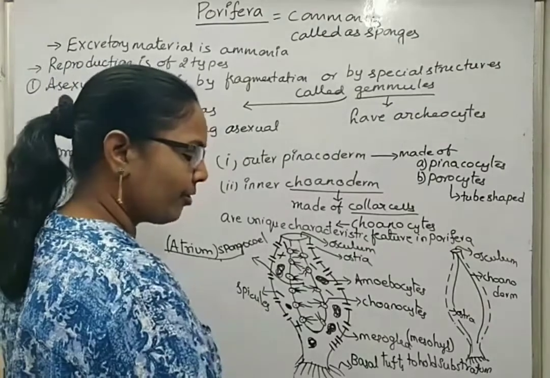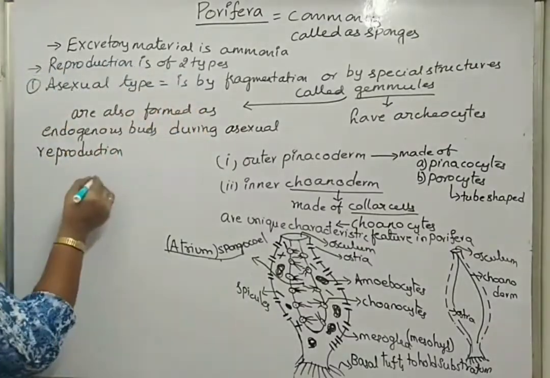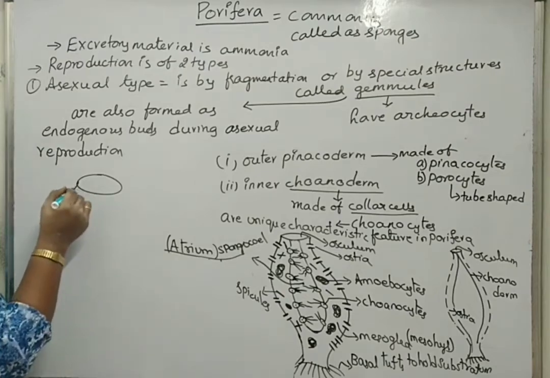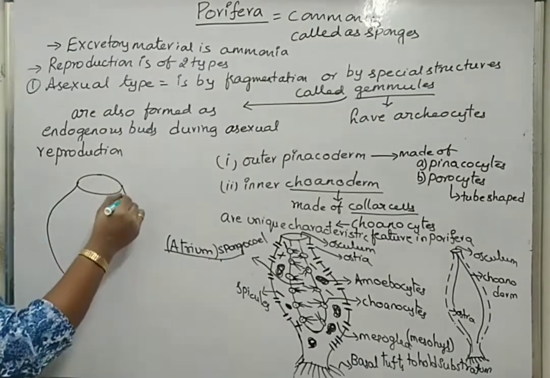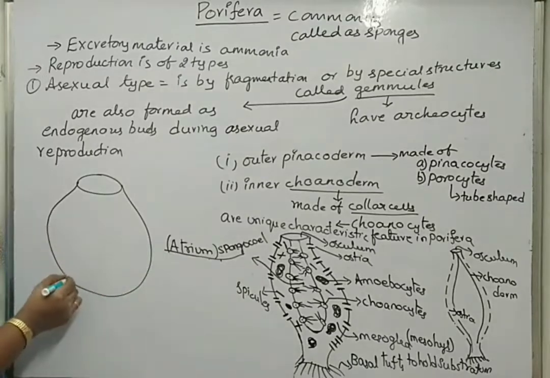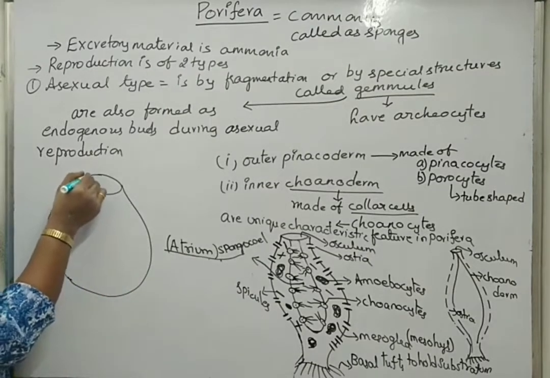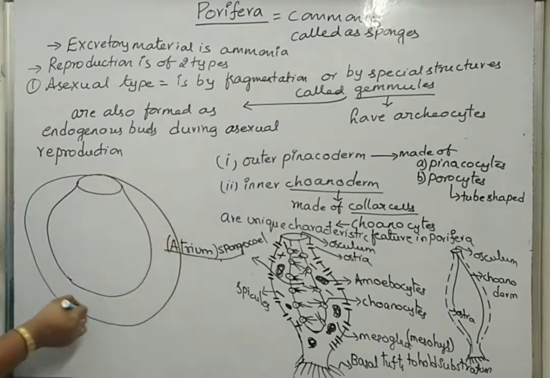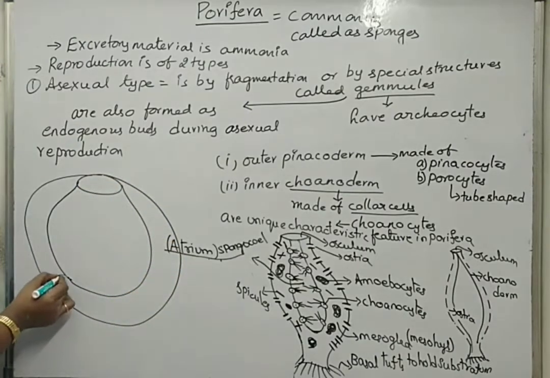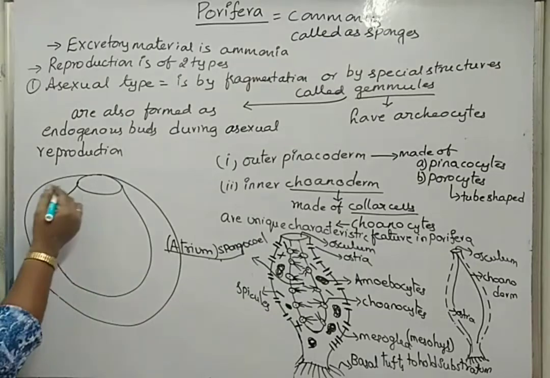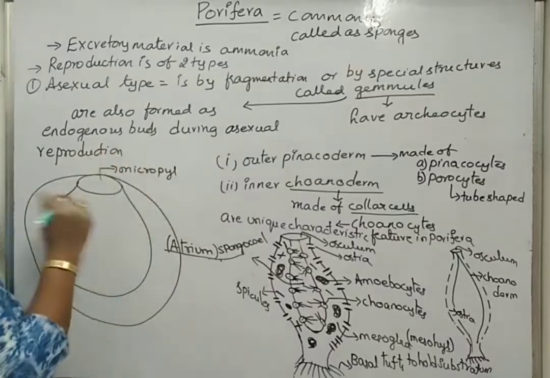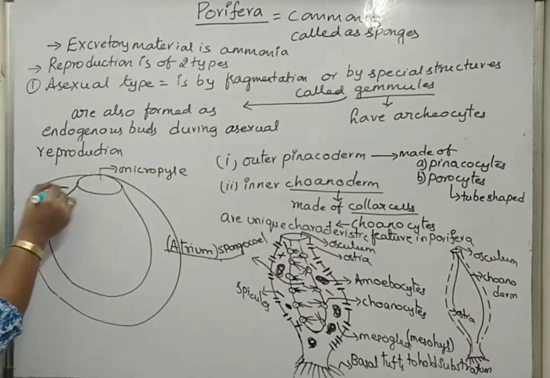If you see the structure of a gemmule, how does it look like? So this will be the opening called micropyle. And here will be the spicules.